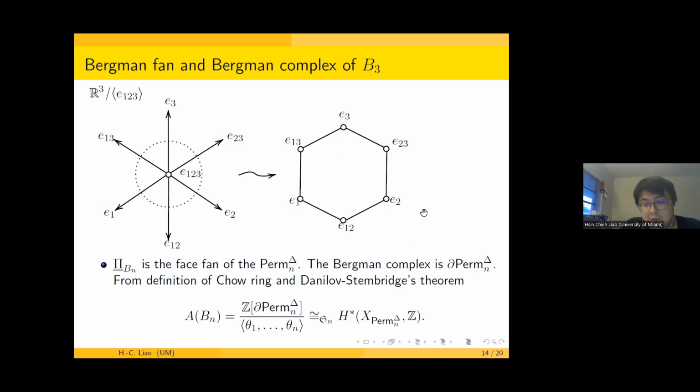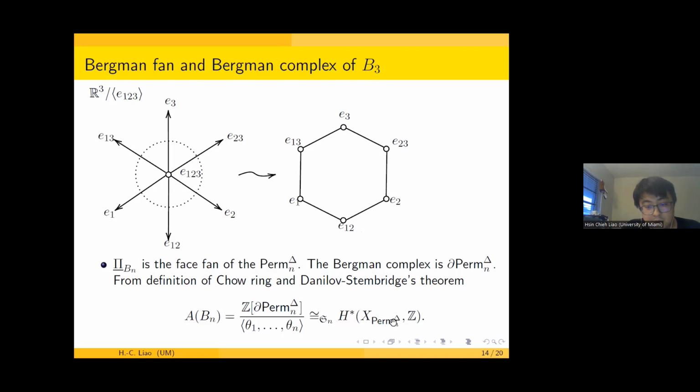It is also the boundary of the dual one in this case. Because of these, from the definition of the Chow ring and also the theorem of Danilov and Stembridge, we know that the Chow ring of the Boolean matroid can be viewed as the cohomology of the toric variety; they have the same representation.